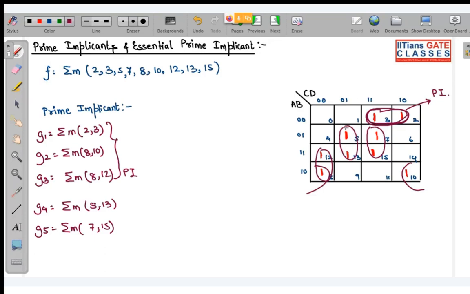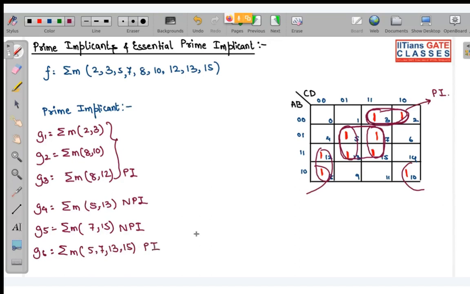Why? Because these two groups can combine to form a group of 4. So these are not prime implicants. Okay, so the prime implicant will be what? Let me assume one more function G6 that has min terms 5, 7, 13, 15. So this is your prime implicant.